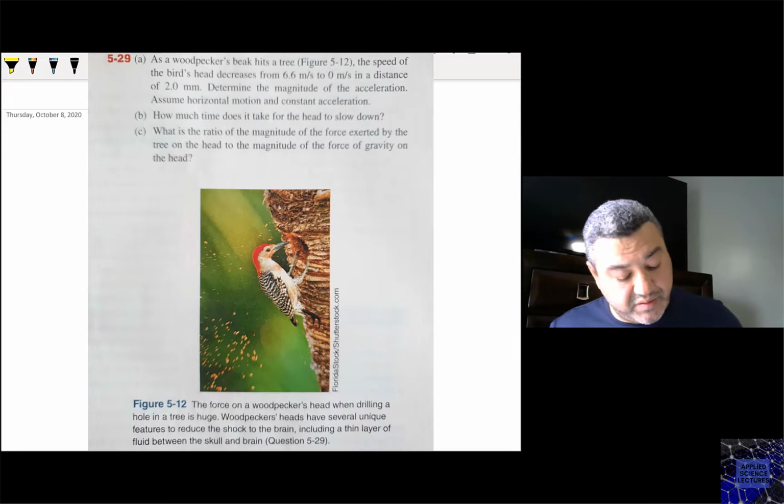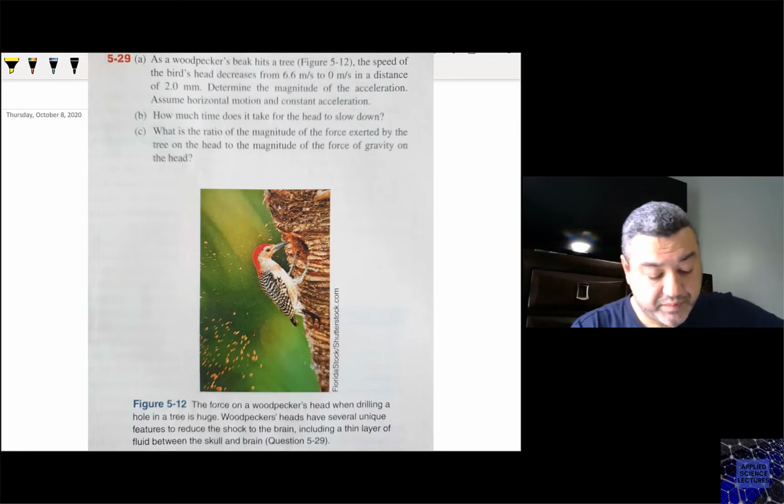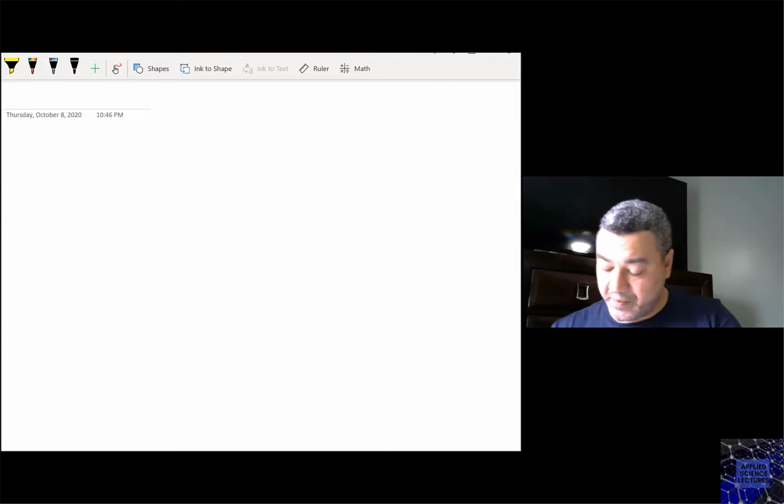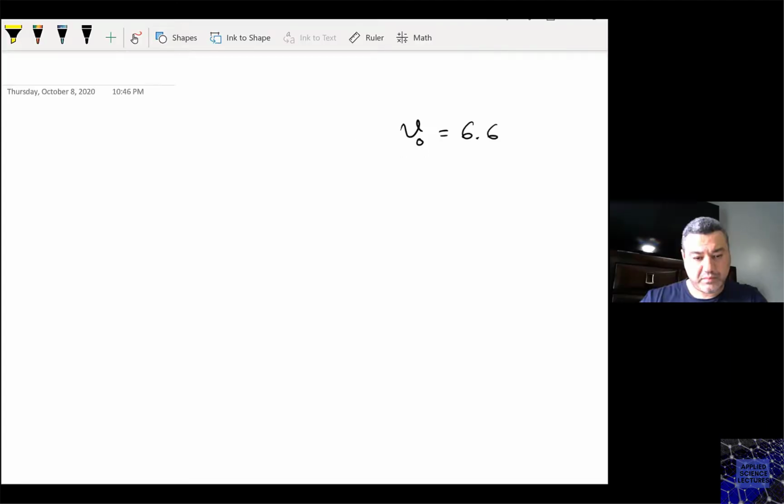How much time does it take for the head to slow down? The speed of the wave. So we have a speed at, let's say, initial equals 6.6 meter per second.